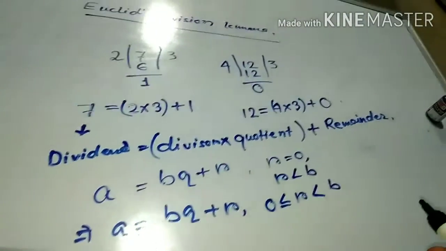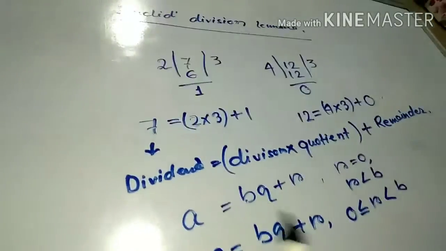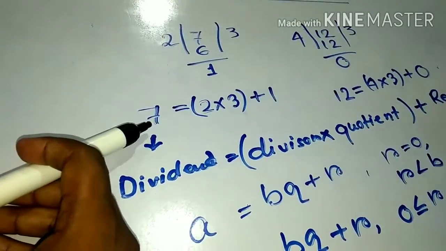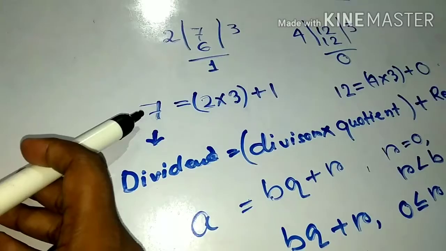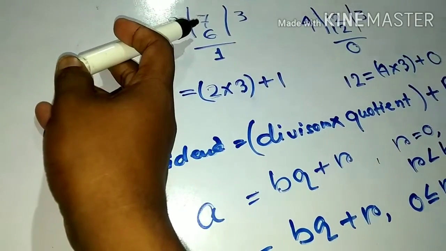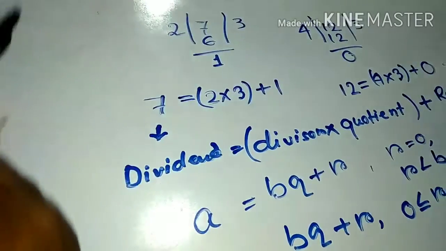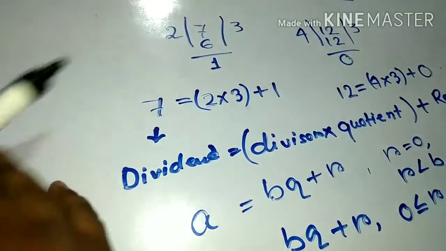For the division of 7 by 2, 7 must be a positive integer, and then the divisor and the quotient are both positive integers.